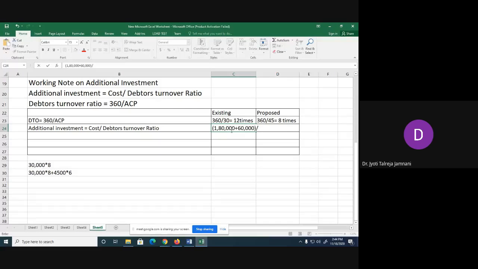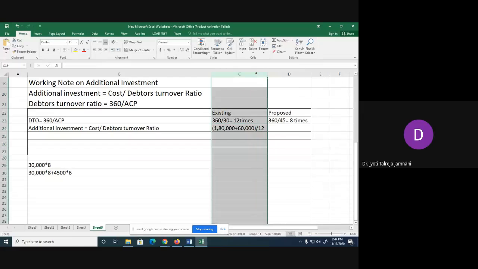In the existing plan, what is the debtors turnover ratio? 12 times. So we will solve it now. 1,80,000 plus 60,000 divided by 12. The answer that you get is 20,000. So 20,000 is your additional investment in the first case.